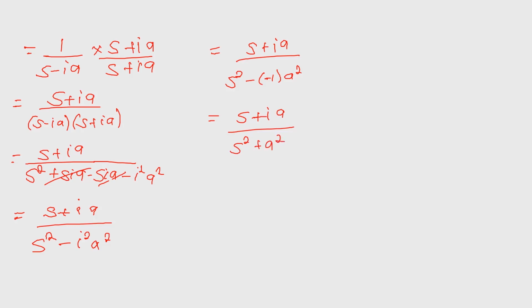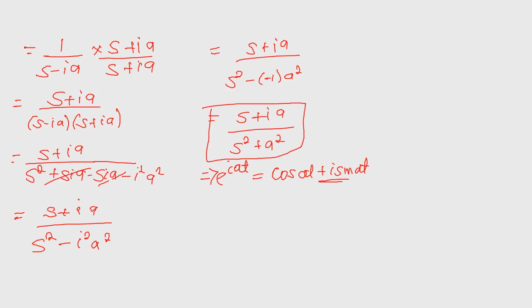So now, don't forget that the formula we wrote was e raised to the power of iat is equal to cos at plus i sine at. So from this whole thing that we have now, when you check this formula, you discover that the sine part is the one having the i, that's the imaginary number.